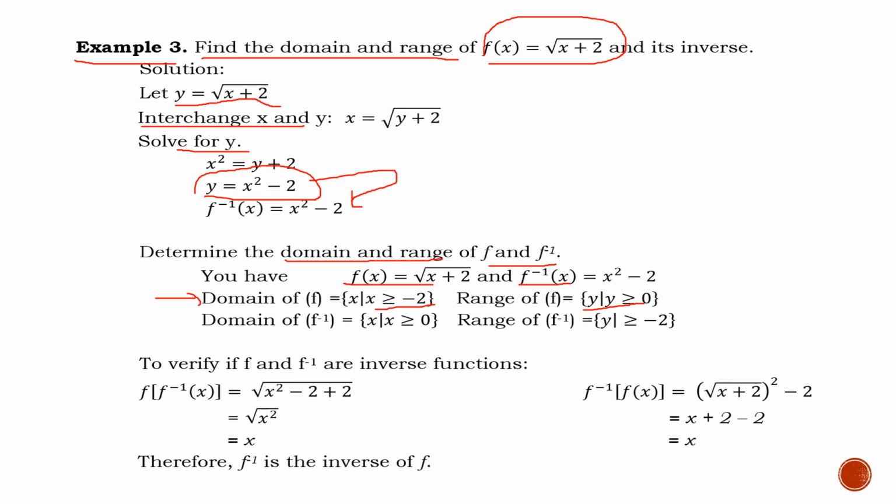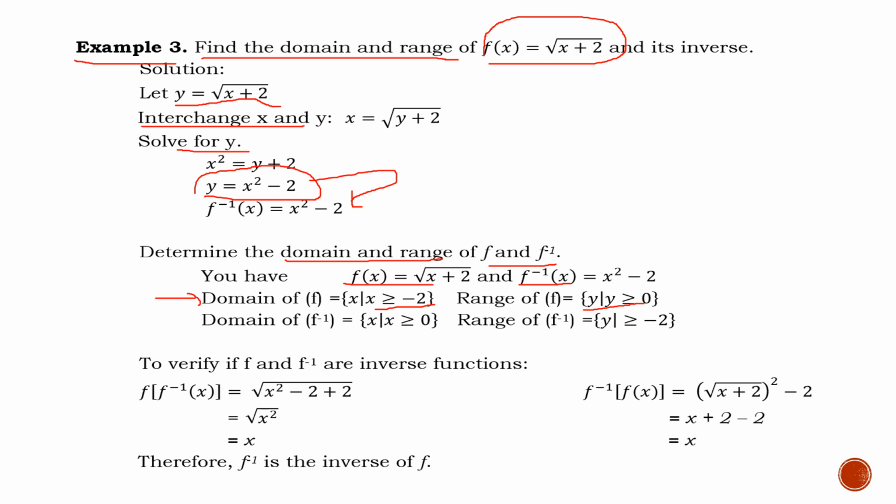Meaning the value of x should be greater than negative 2 or equal to negative 2. So the lowest value that we can put as the value of x is negative 2, and the other values will be greater than negative 2.